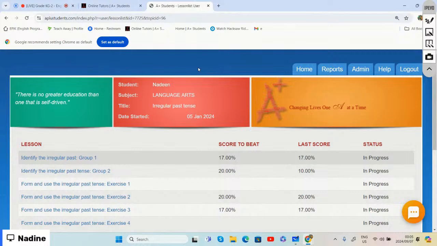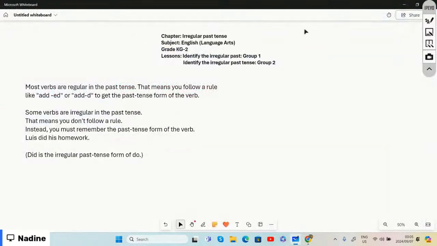All right, and when it comes to irregular past tense, our chapter is irregular past tense, our subject is English Language Arts, and we're doing grade kindergarten to 2.